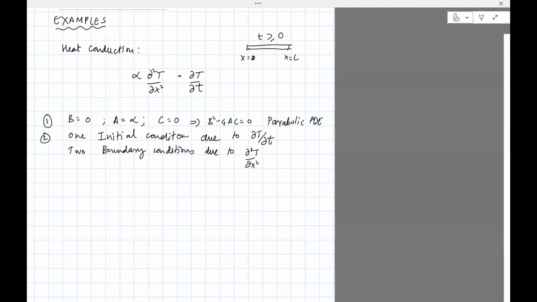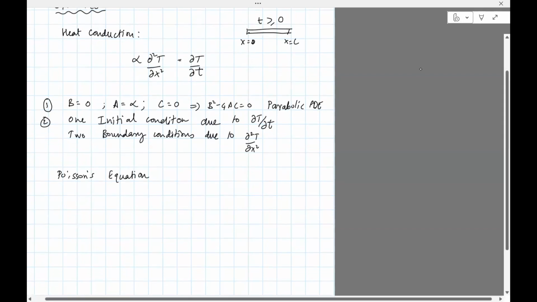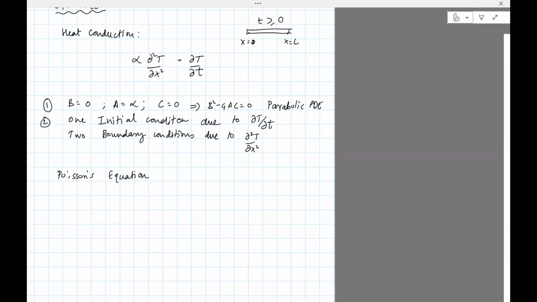Okay, another example is Poisson's equation, which goes as d square phi dx square plus d square phi dy square equals beta of x, y, some function of x and y. Okay, this actually occurs in electricity.